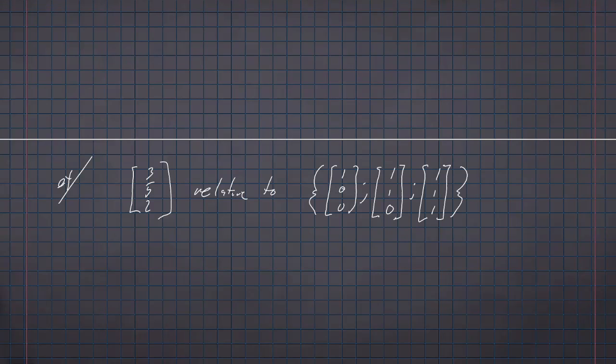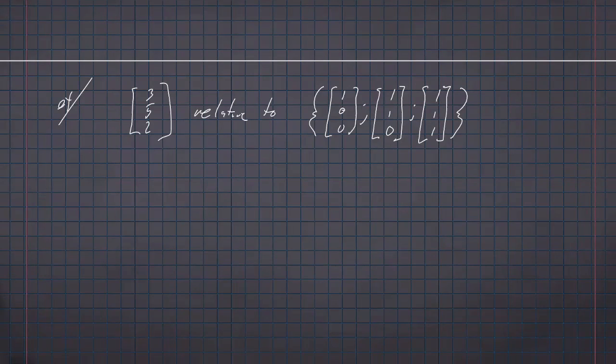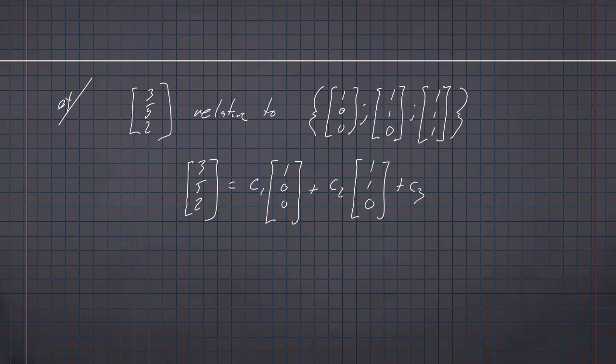All right, two quick examples. If I want to write the vector 3, 5, 2 relative to the basis 1, 0, 0, 1, 1, 0, 1, 1, 1, we kind of did this already in the abstract, but we set the vector equal to the linear combination.